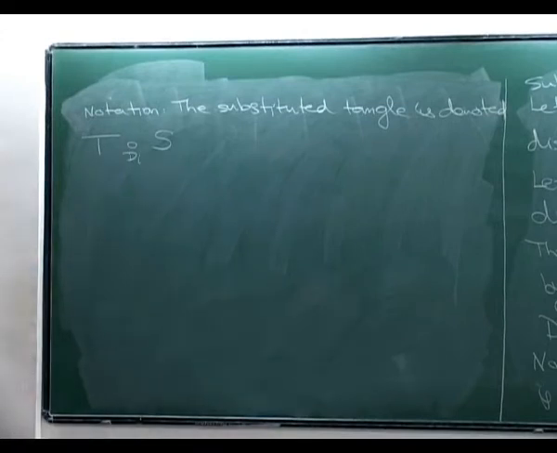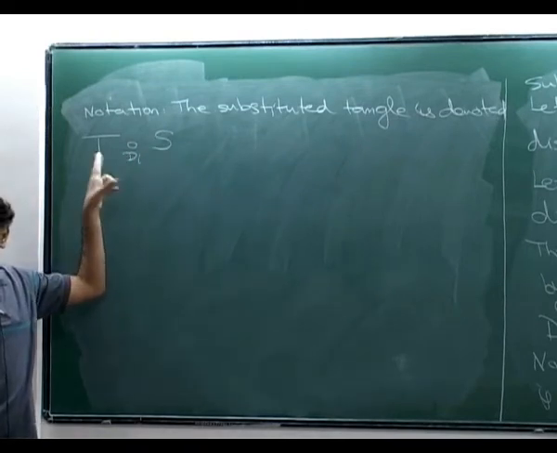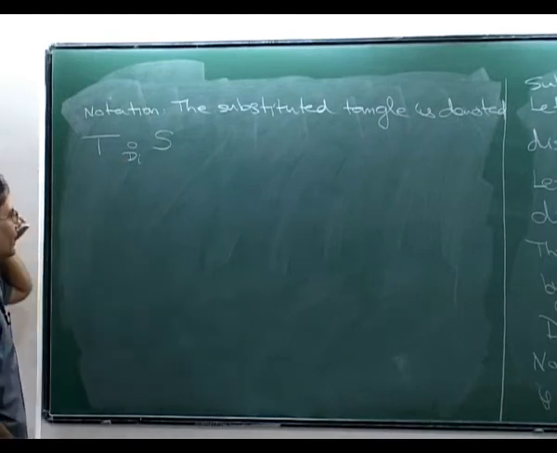So it is T circle Di S, which means you are plugging S into the ith disk of T. Once I say that, everything is determined. There is only one way of plugging S into the ith disk of T so that the stars match. There is no ambiguity at all.